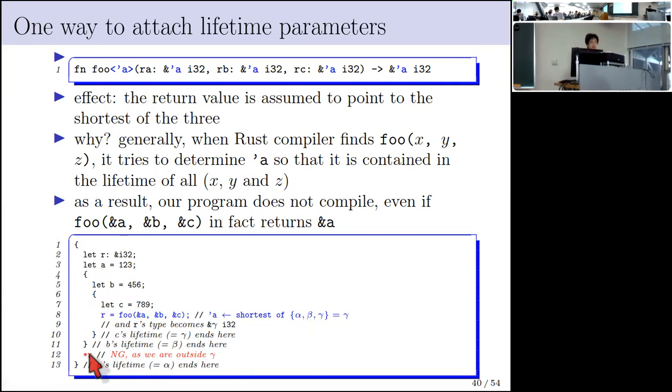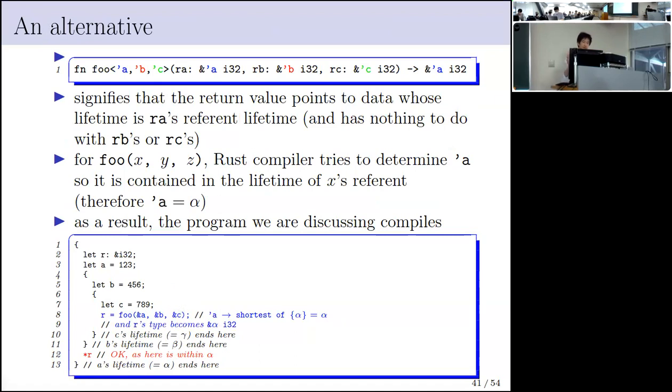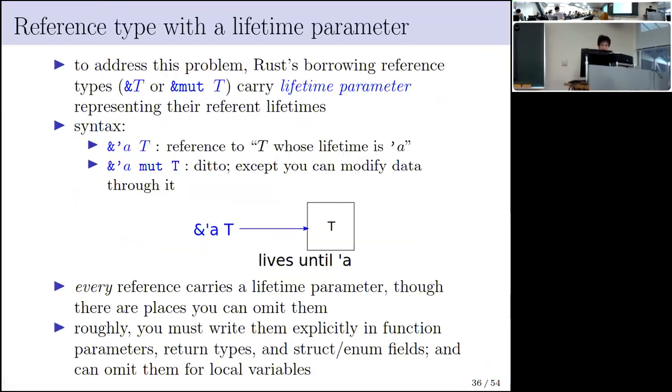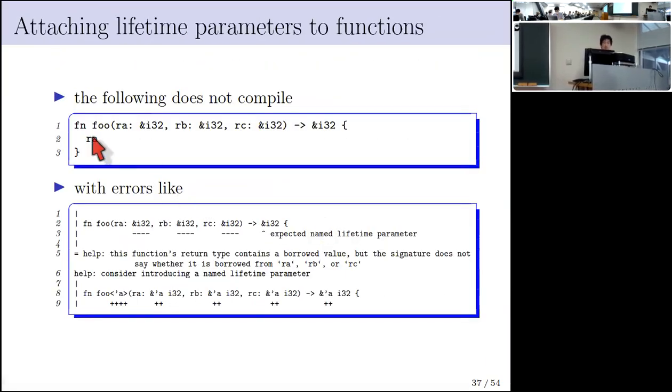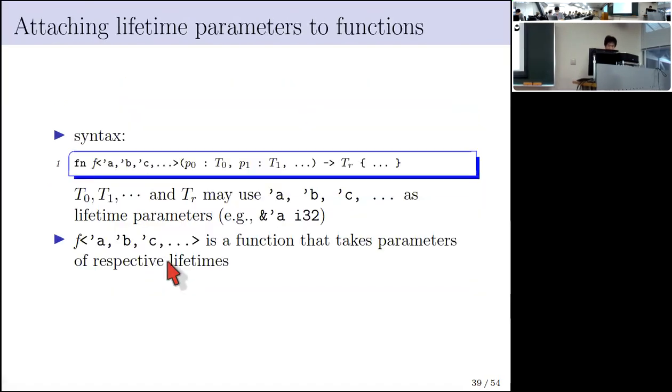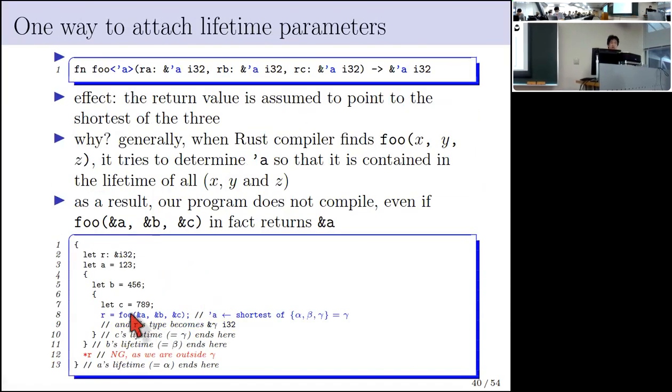It may be C. So you can fix this problem if in fact foo is going to return A, not C. So A lives longer than C. So if the original foo function looks like this, then this should actually be safe, right? So there must be some way to tell the compiler, okay, this should be safe. You have to reason about it, right?